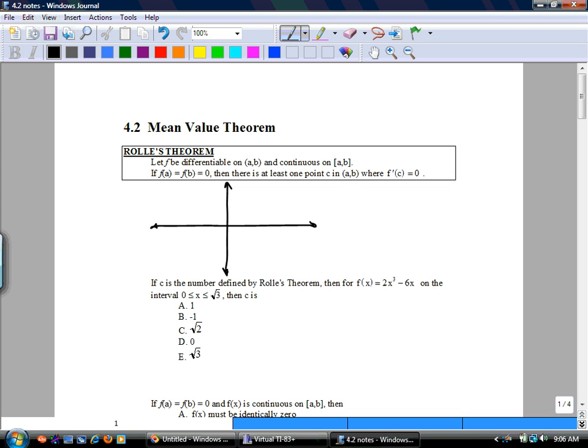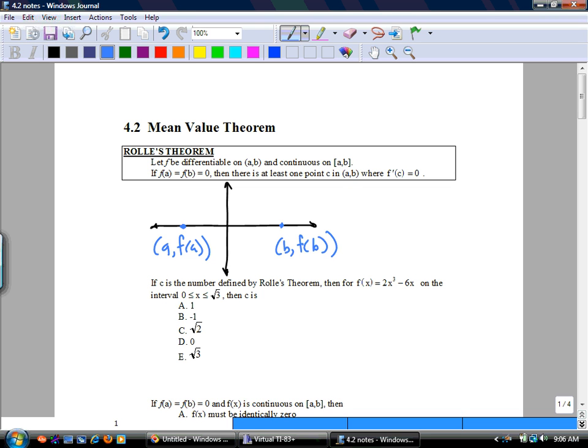Make sure that point A is somewhere on the left and point B is somewhere on the right. Anywhere you would like, but they have to be on the x-axis. That's what f of A equals f of B equals 0 is saying. You have 2 points on the x-axis. We'll have that one as A, f of A, and B, f of B.